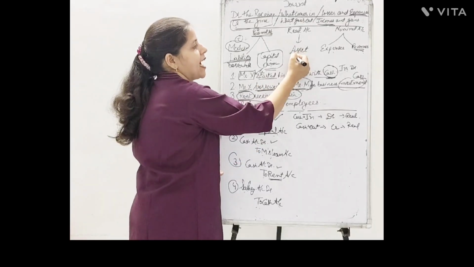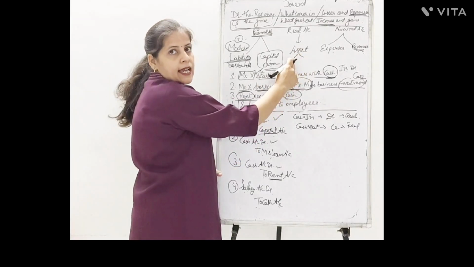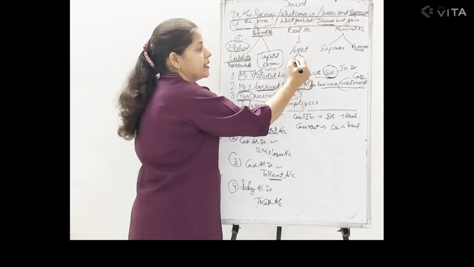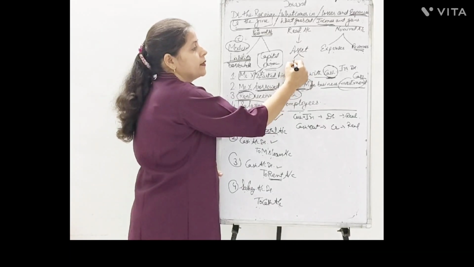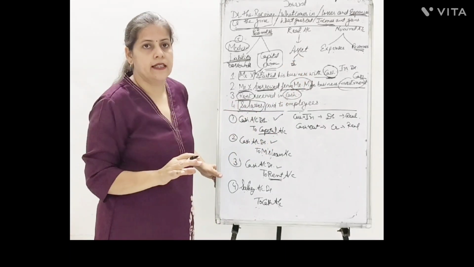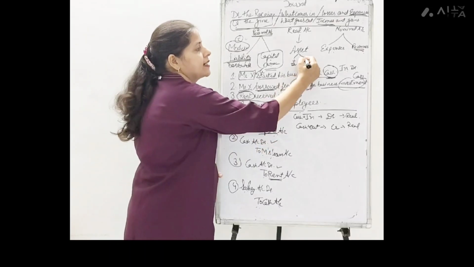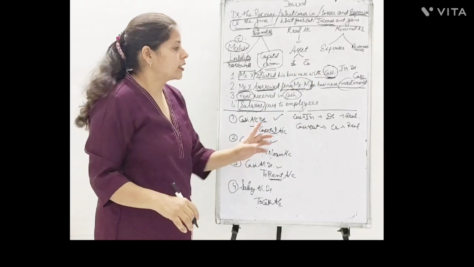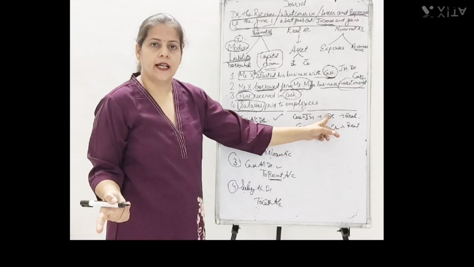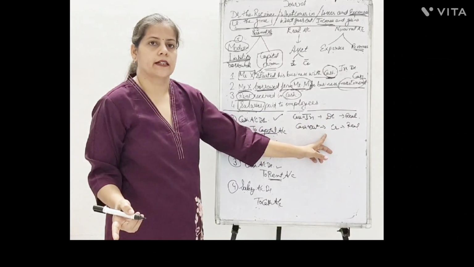So it says that if in the business an asset is increasing, it should be debited. In means increasing. When an asset is decreasing, it should be credited. So cash in debited, cash out credited. Fine.